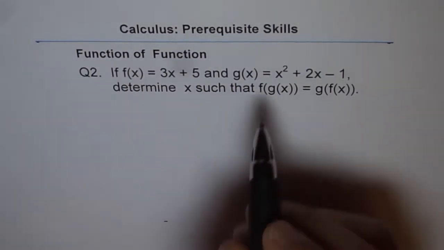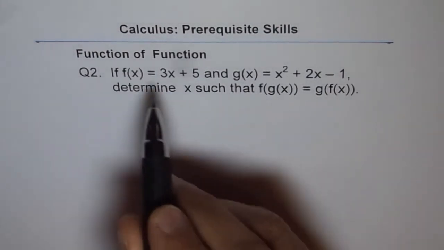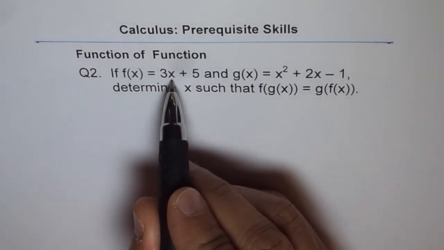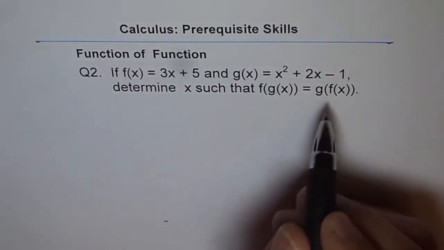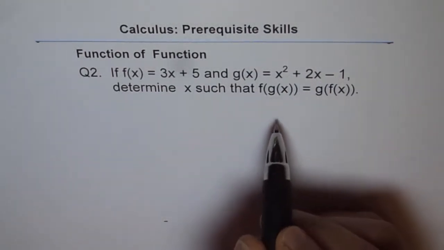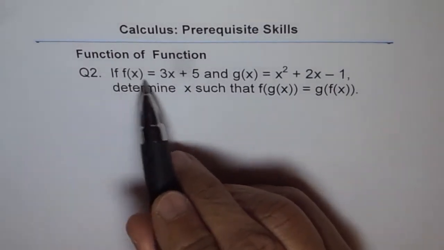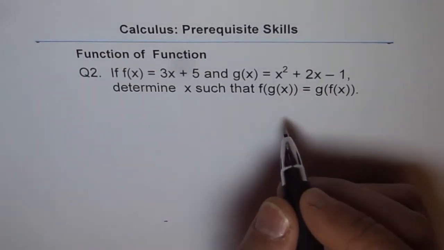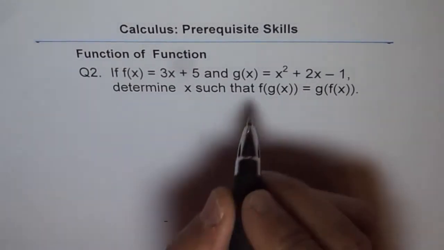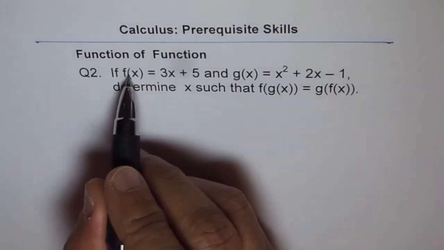As you know, f of g of x means in this function we have replaced x with g of x. And g of f of x means that for all x's here, we have to replace with f of x, which is 3x plus 5, correct? So let's now do it. On the left side, we'll have f of g of x.